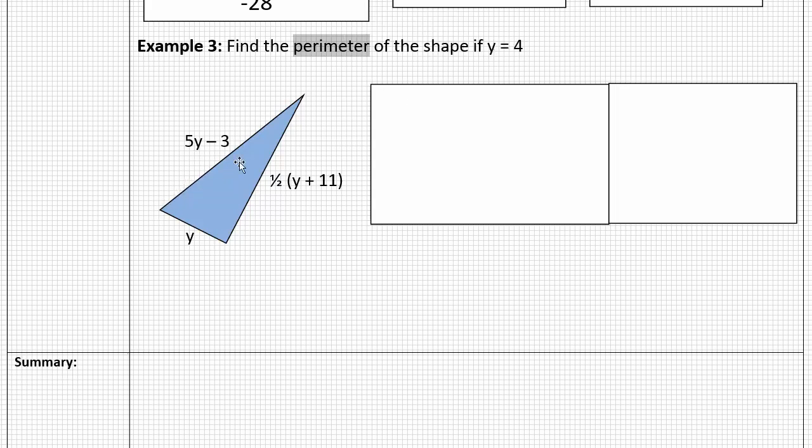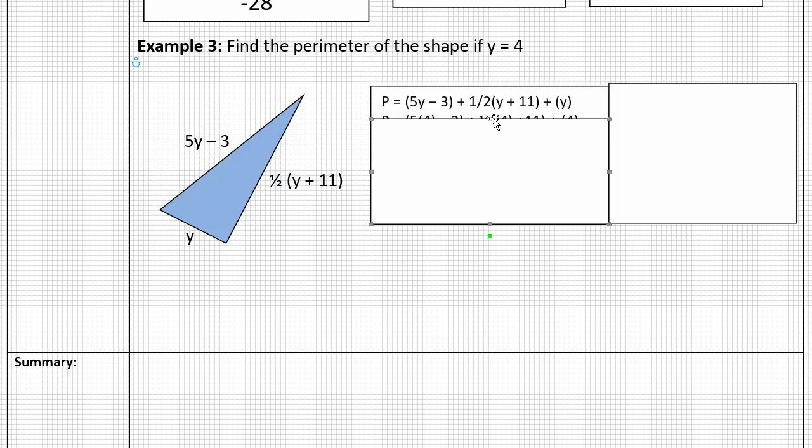So again, perimeter means the distance all the way around the outside of a shape. And we can use what we talked about in example 2, where we can first start by finding the perimeter as it's given to us. So I could write it out like this. The perimeter equals this side, 5y subtract 3, plus this other long side, 1/2 times the quantity y plus 11, plus the third side, adding all the sides together, which has a value of y.